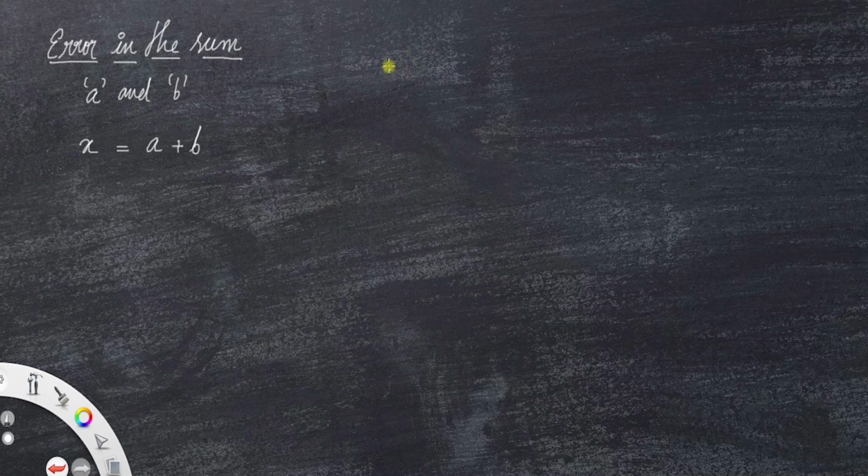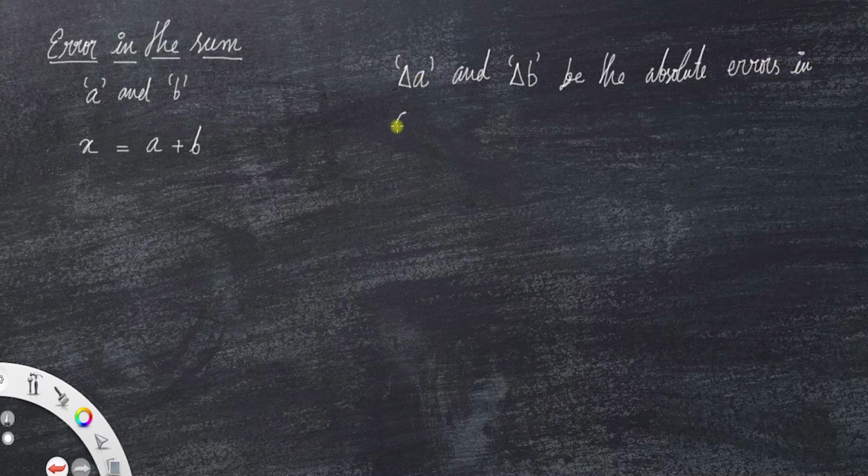We always represent the error in a variable using delta, like the error in a is delta a, and the error in b is delta b. We call that the absolute error. That is, delta a and delta b are the absolute errors in the variables a and b.